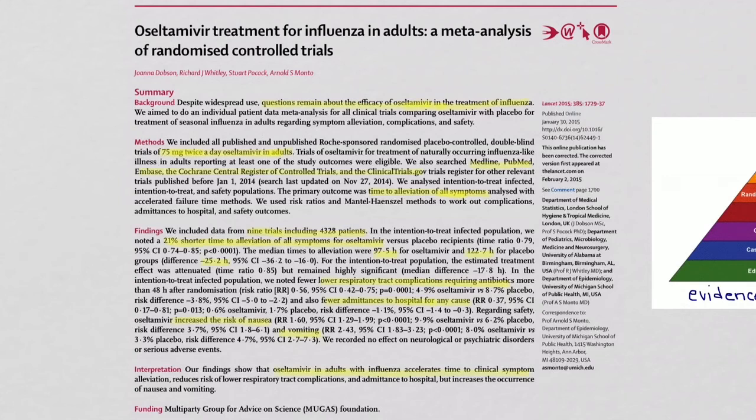So now Dr. Patwari is going to show you in the next video how to read the tables in the paper to get an even more detailed understanding of what the results of the paper are. And again, we'll go over this again in more detail, so this is just a quick introduction to reading the medical literature.